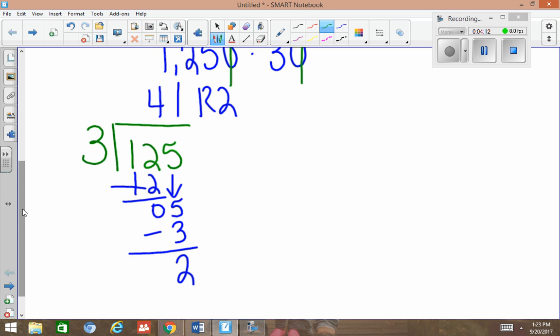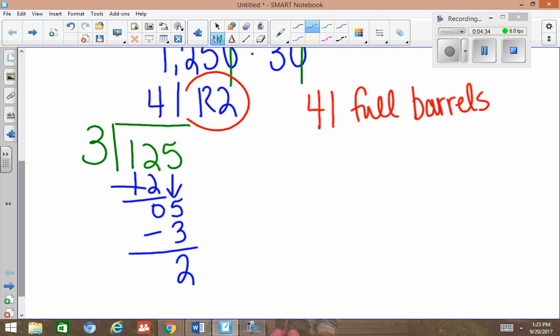So let's write it like this. 41 full barrels. What was the second question? How much water is left? 2 gallons. 2 gallons are left. Yes. Why? Because of the remainder.